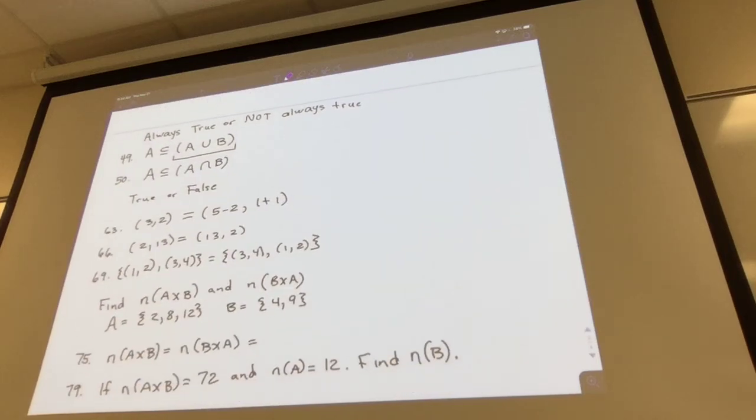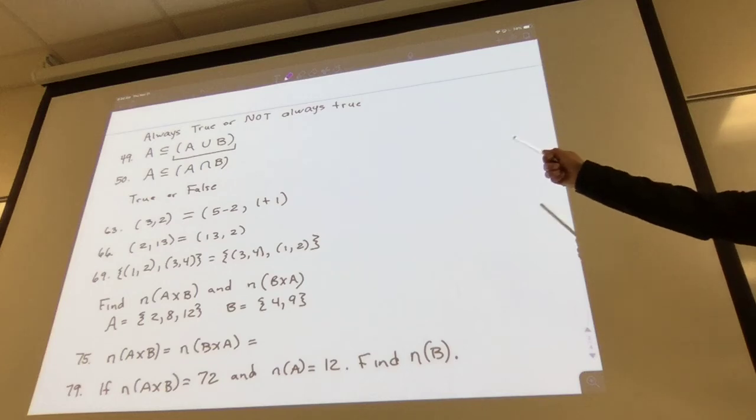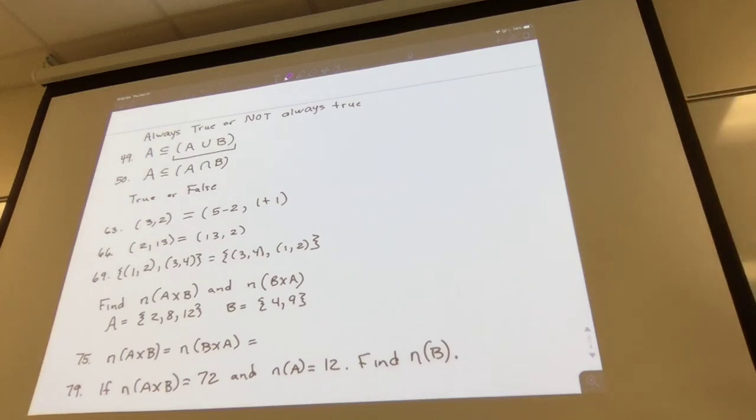The next is just, are these always true or not always true? So we're going to remember subset. So A union B. Tell me what A union B means. We included everything, right? We took A, included it, took B, included it.